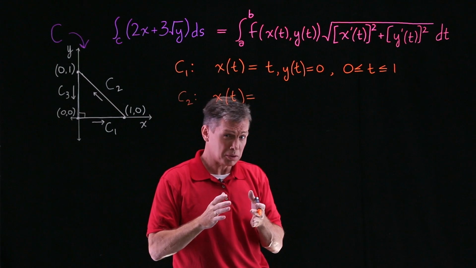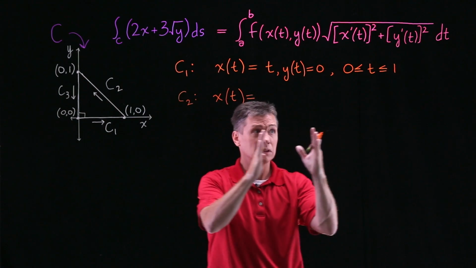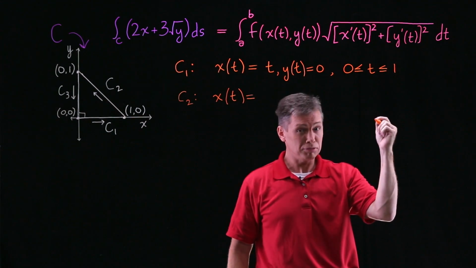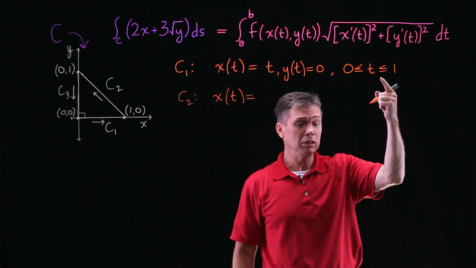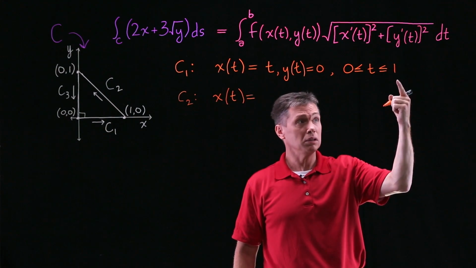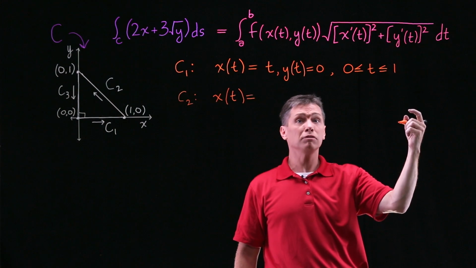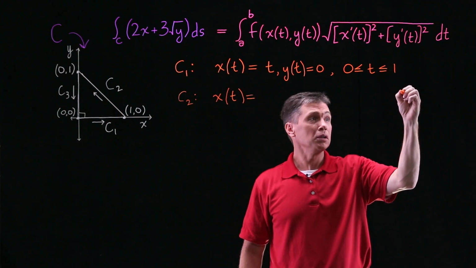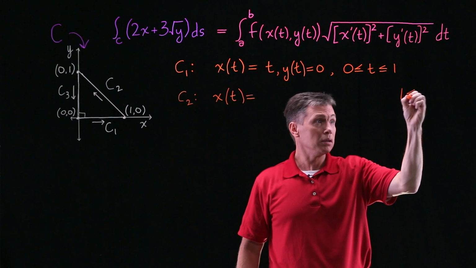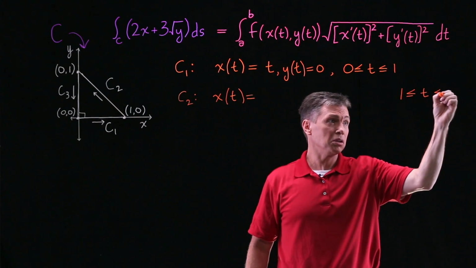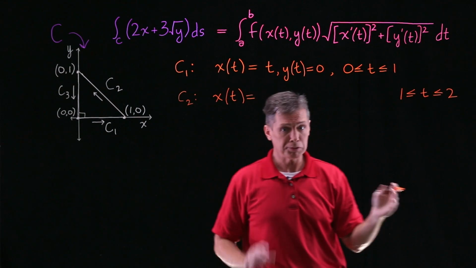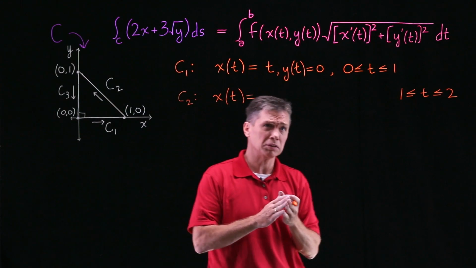And I definitely want to think about what my t will be. So I'm going to slide over a bit and first get a handle on what my t domain is. You definitely want to pick up where you left off. So I'm going to pick up at the 1, and it makes sense to maybe just go to the 2. Your answers may vary, but I think this makes sense.